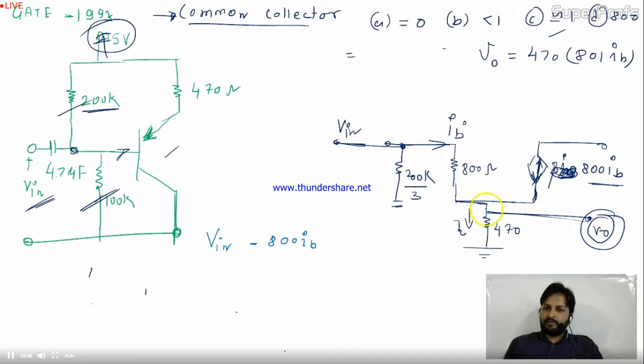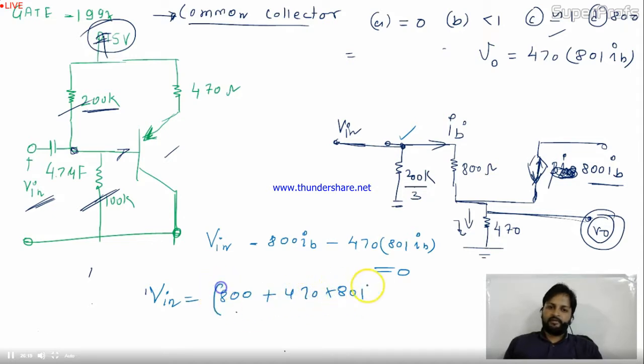You are going into this, here you are getting minus 470 and your current is 801 IB. This is equal to 0. So finally your V in will be 800 plus 470 into 801 of IB. Is it okay?